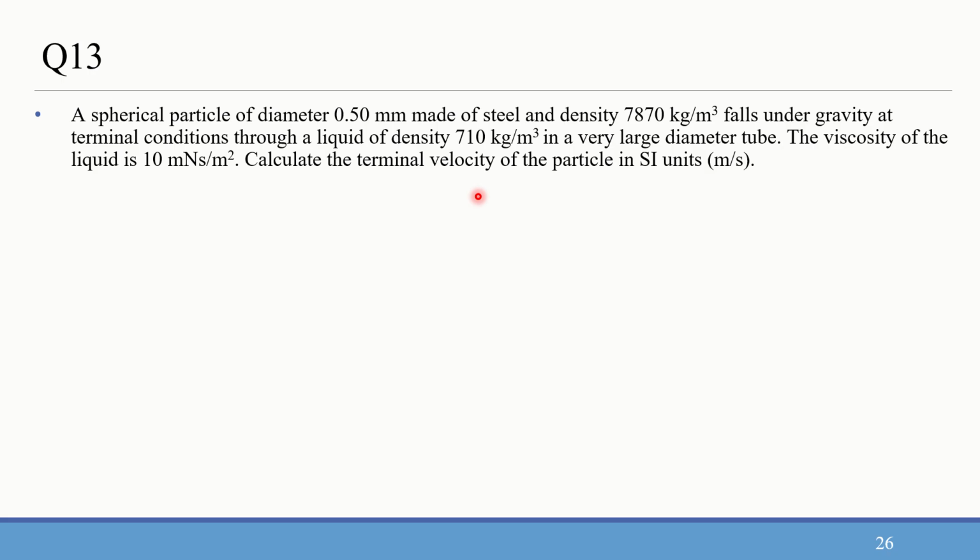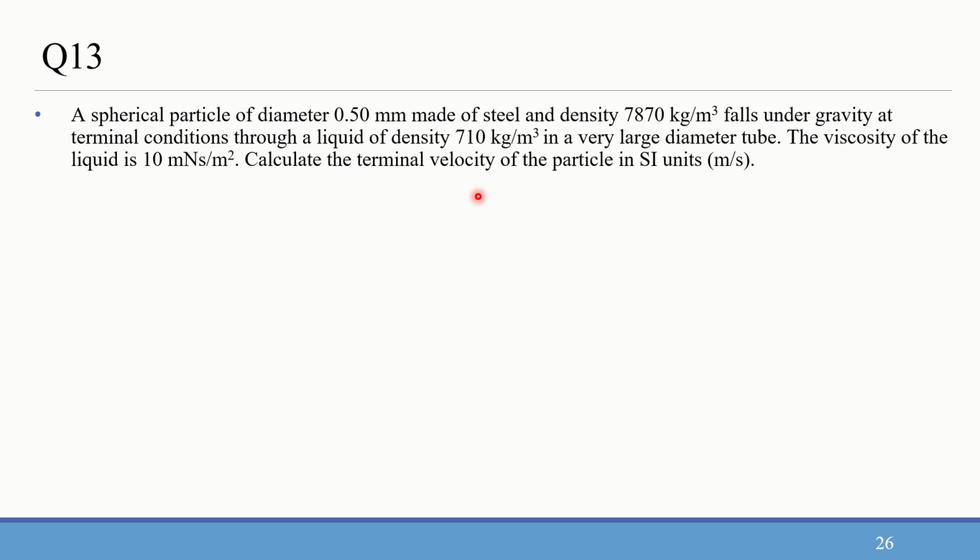The viscosity of the liquid is 10 millinewton second per meter square. Calculate the terminal velocity of the particle in SI units. So what is asked is that a spherical particle whose diameter is 0.5 mm, made of steel, has a density of 7870 kg per meter cube.